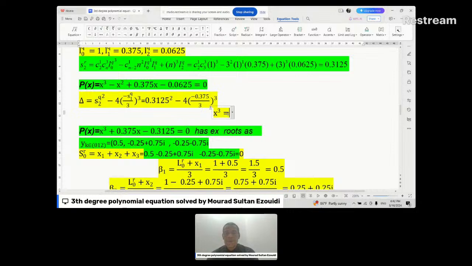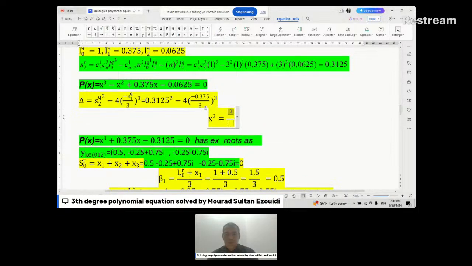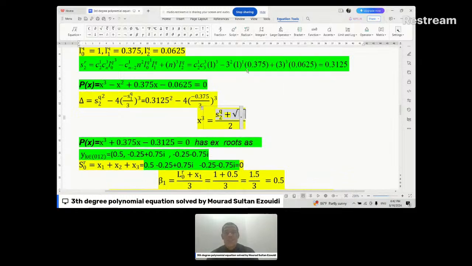I will make here a fraction, s2 plus, of course I divide by 2, plus root of delta. Delta is that, divided by 2. This is x cubed.